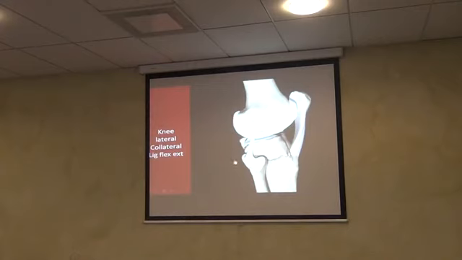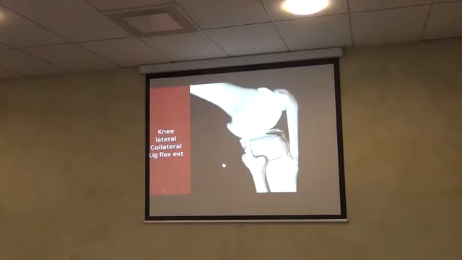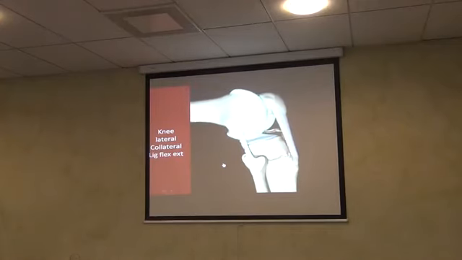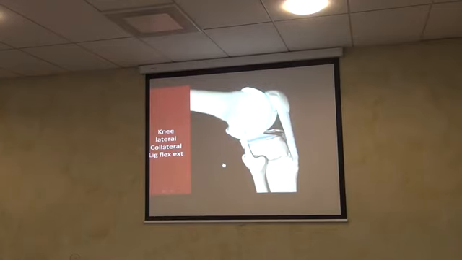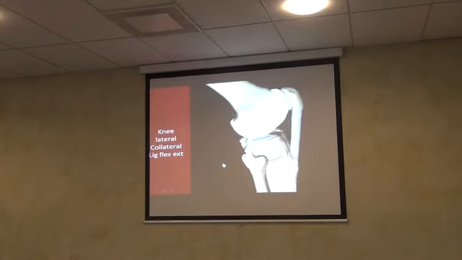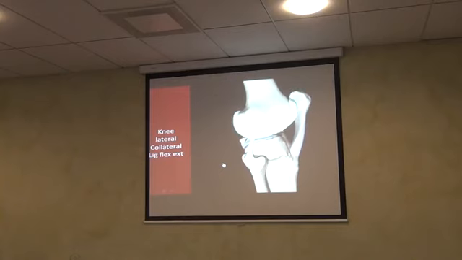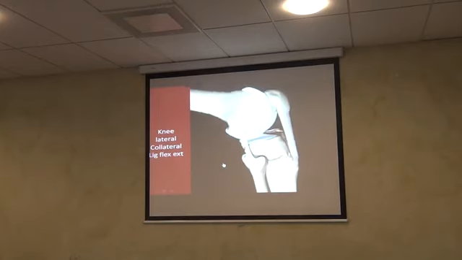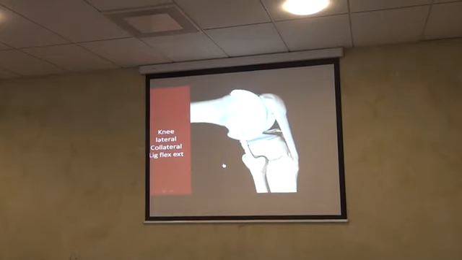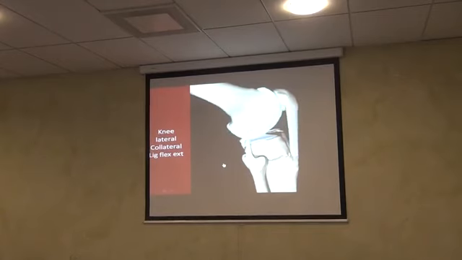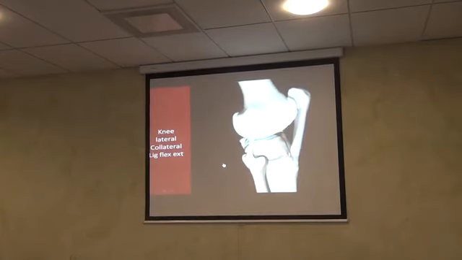This is how the collateral ligament works in the flexion and extension. The popliteus muscle is an internal rotator of the tibia.